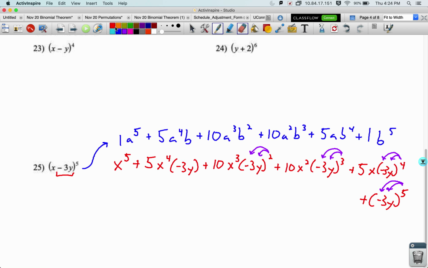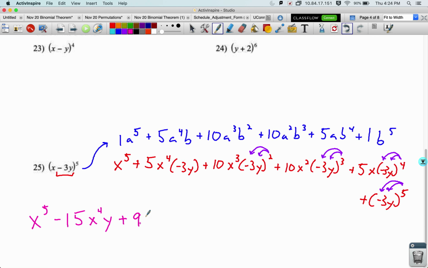So we simplify further here. All right, x to the 5th plus this -3 will come over to this 5. So it's actually a minus 15x to the 4th y plus 10 times -3 squared becomes a positive 9.